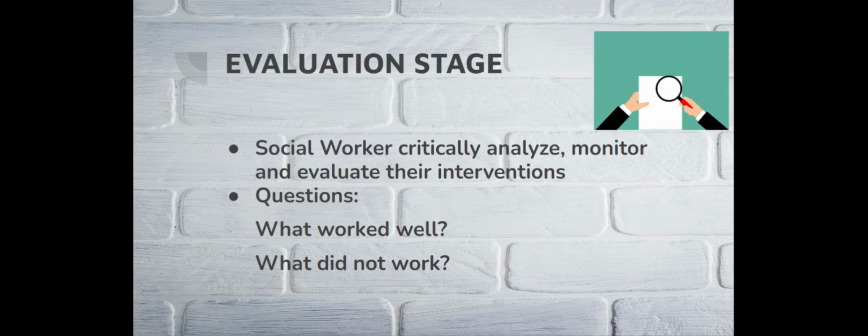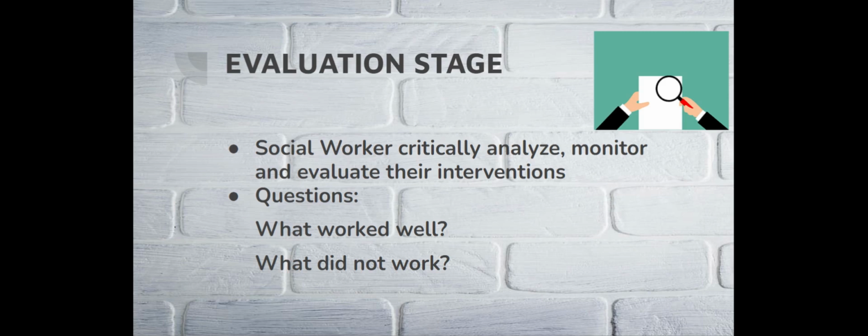Then we have the evaluation stage. Now, pay attention. This stage deals with where the social worker is evaluating all the information that was gathered thus far on the client. And the social worker critically analyzes, monitors, and evaluates his or her interventions. And this is done by a battery of questions that the social worker would ask himself or herself.